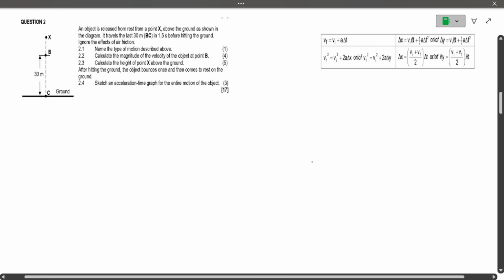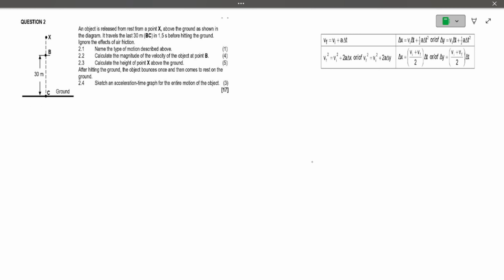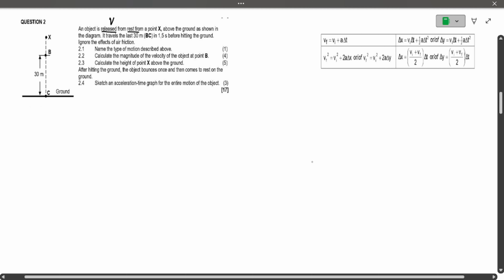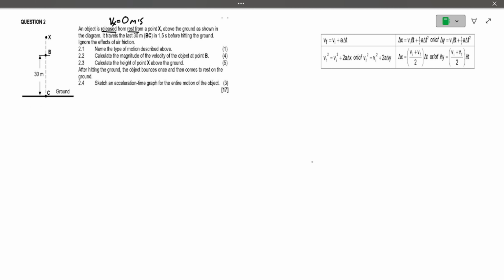So the second problem, if you wanna pause to do it, you can pause to do it. Let's check it. It says that an object is released from rest at point X. So we must know that released from rest means that the starting velocity here at point X, V at X, is 0 meters per second.